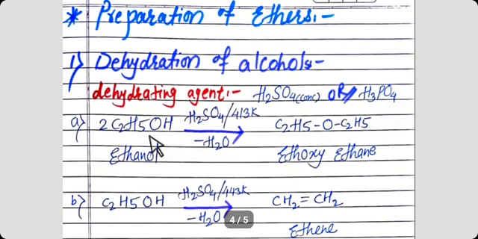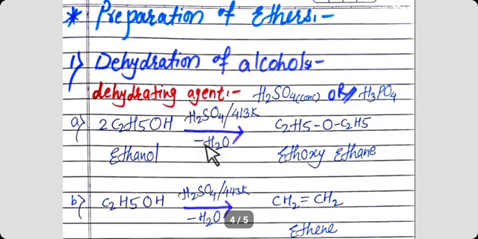So in this method, when alcohol is heated with a dehydrating agent like concentrated H2SO4 or H3PO4, two products are possible, either ether or alkene. It depends upon the temperature.